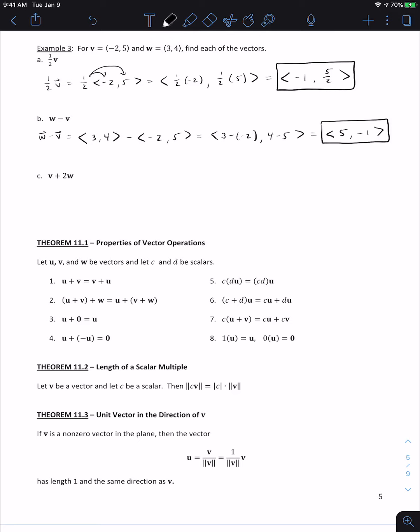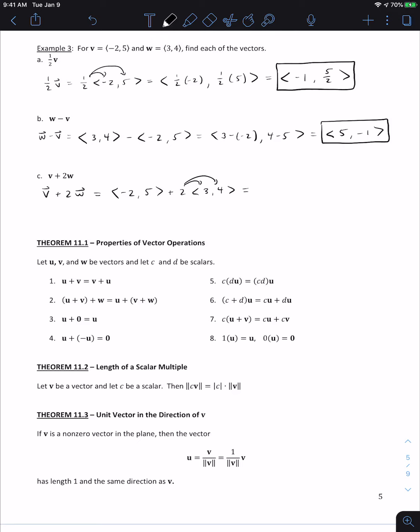Okay, and then finally, let's do v plus 2w. This one we're going to do a little bit faster. So v is -2, 5 plus 2 times w, which is 3, 4. So instead of writing out distributing, let's just do it.